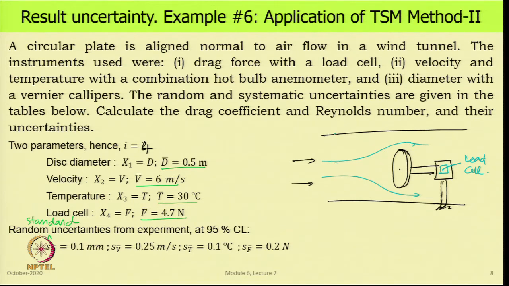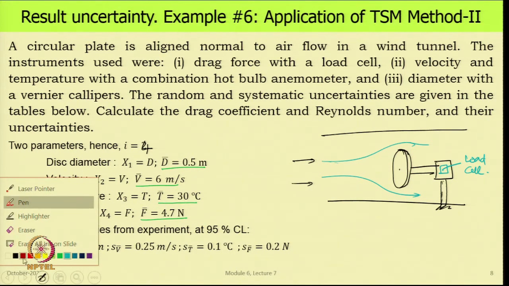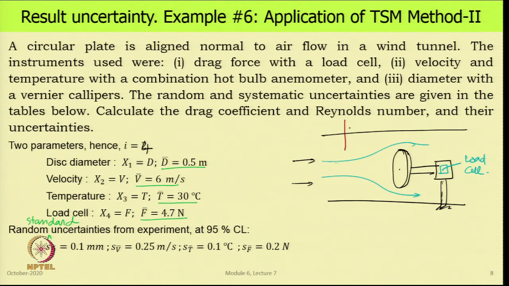The velocity is measured by putting an instrument, which has a sensor, and this gives both the velocity of the air, so this is air going in, and temperature. So, we have these two measurements. The diameter of this disc we have measured separately as d. The load cell measures the force.